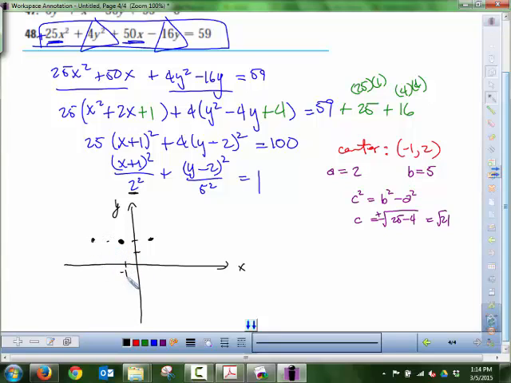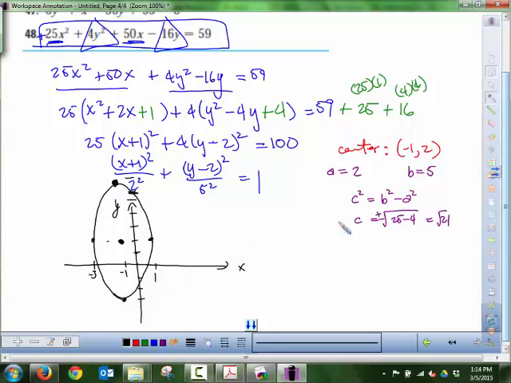So if this is -1, I went as far as -3, and as far to the right as +1. And then from here I count 5 units down, and then 5 up.